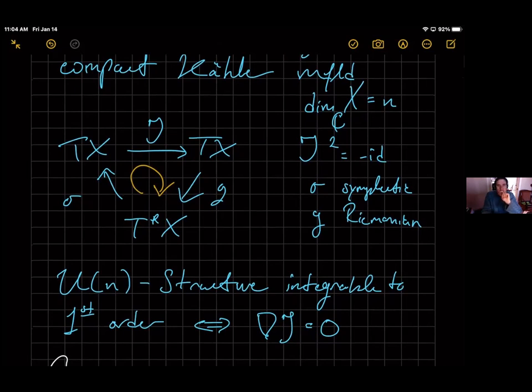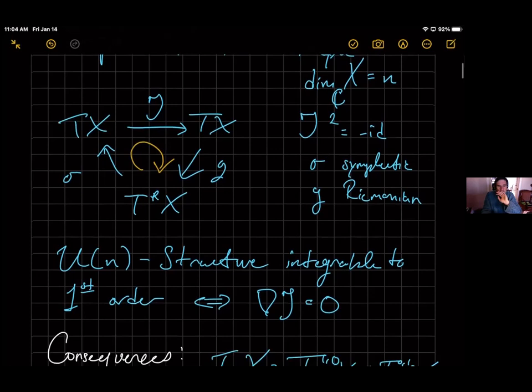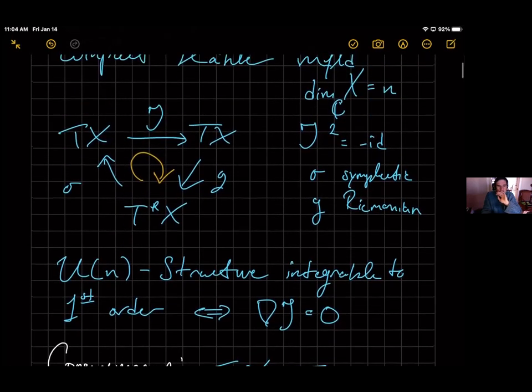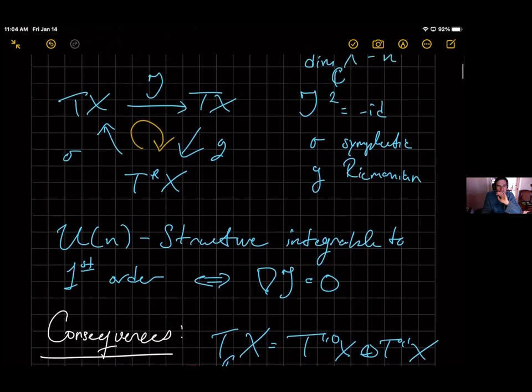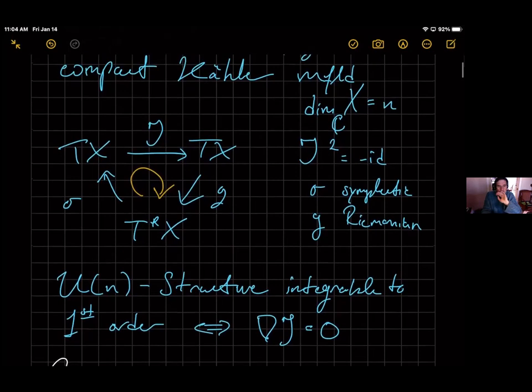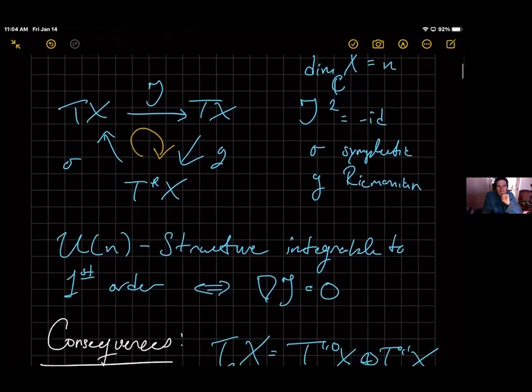Another way you can think about it is we can choose charts on X such that the transition functions for the tangent bundle preserve a U(n) structure, and we can choose coordinates such that it does so to first order. But another way of simplifying all of that is to just say that the complex structure J is parallel. So there's plenty of ways you can characterize Kähler manifolds, but this is the structure that I'll be working with.